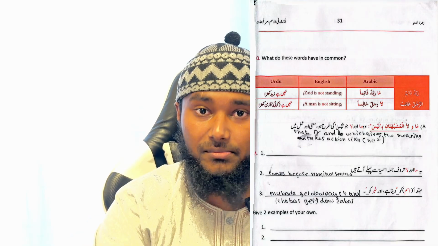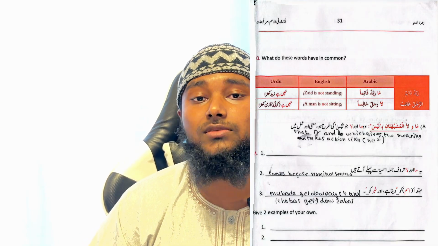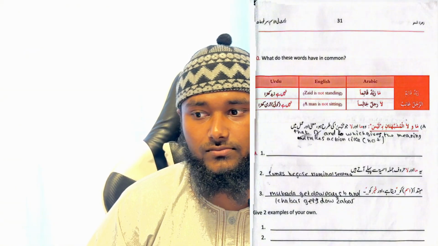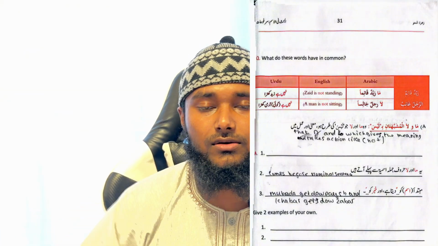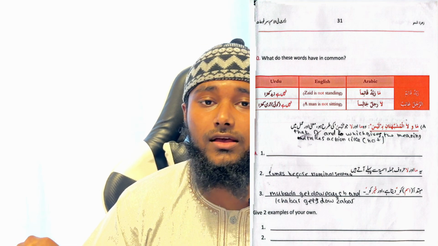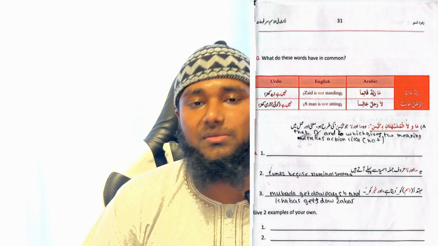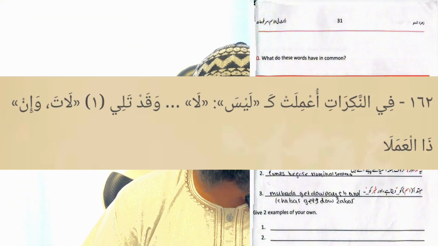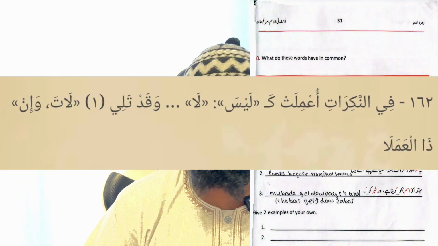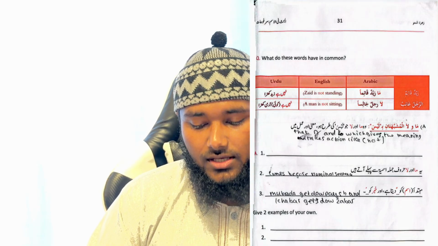So that's the difference between ma and la that the grammarians mention, that the Arabs normally use ma for specific words, and la, specifically this la, for unspecific words. So Ibn Malik mentions in his Alfiya, he says في النكرات أعملت كليس لا. That's what he mentions in his Alfiya.